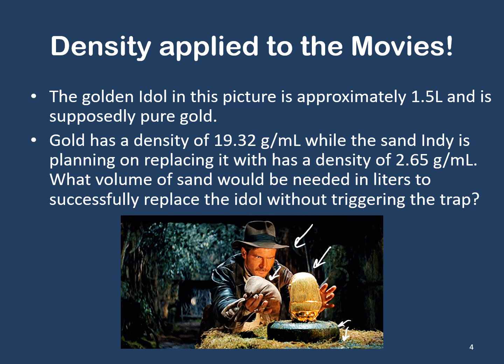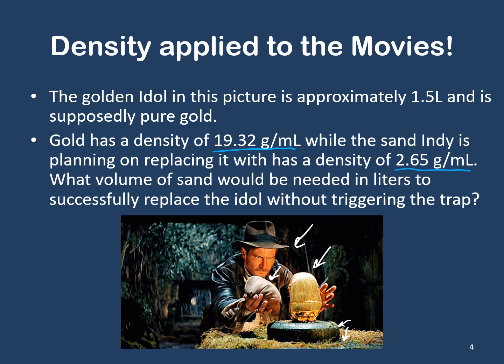And I like to think if Indiana Jones had bothered to take a little chemistry, he would know that that had to be the case. Gold is an exceptionally dense metal with a density of 19.32 grams per milliliter, whereas sand is relatively not dense. I mean, as far as solids go, sand has a density of about 2.65 grams per milliliter, which is much, much less than gold.